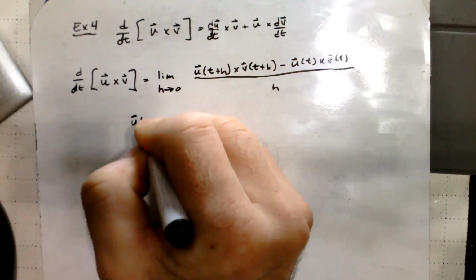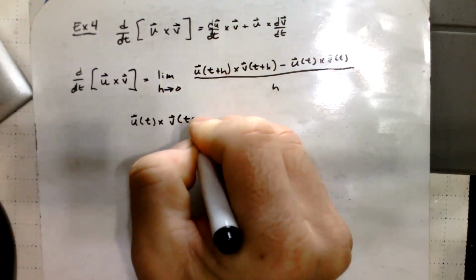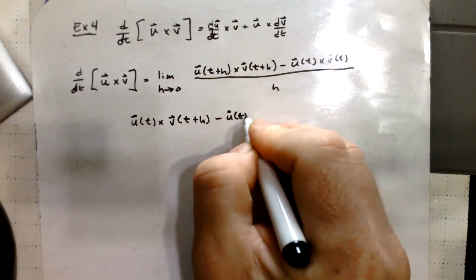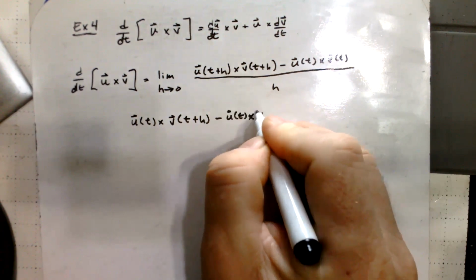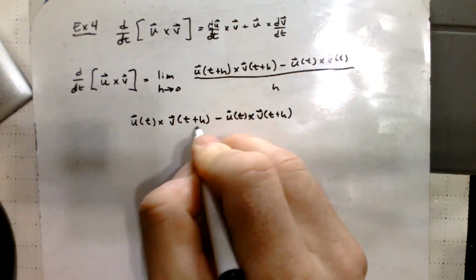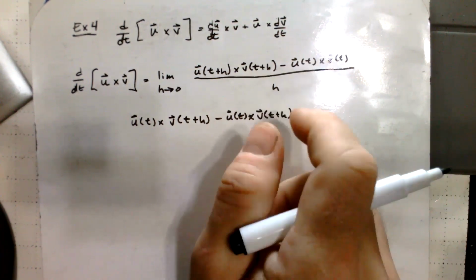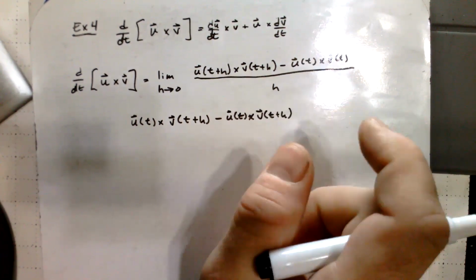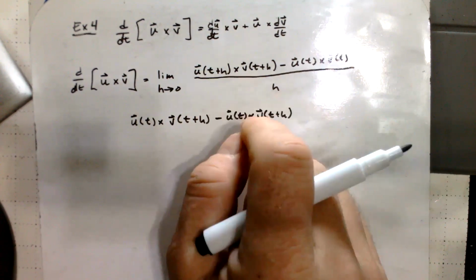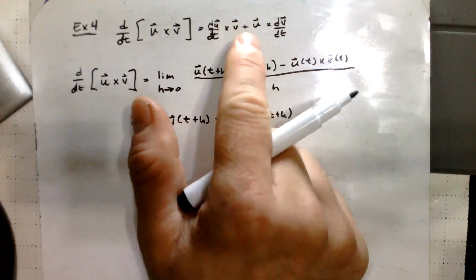So we have u of t cross v of t plus h minus u of t cross v of t plus h. So we're going to add and subtract this term to this quantity. And it may seem unmotivated as to why we're doing that, but I think you'll see how it allows us to simplify things, because remember, we're trying to show this.